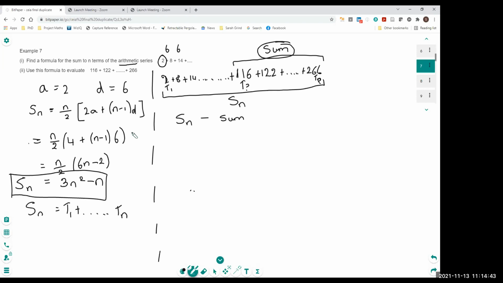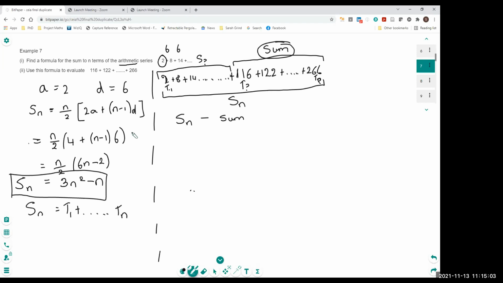We now first need to find out what's the term before this. We need to work out the sum to here, from term 1 up to the term here, but we don't know. But based on the common difference, we know that there is 6 between them all.